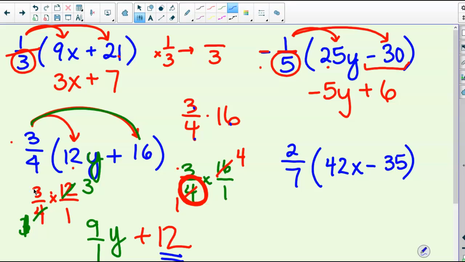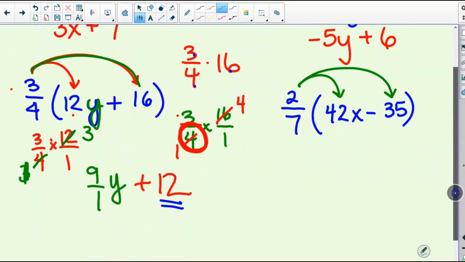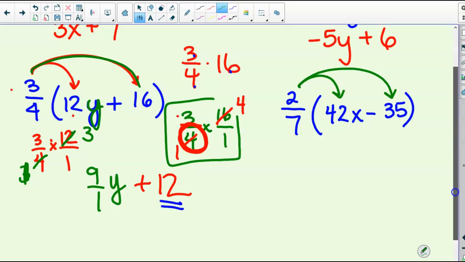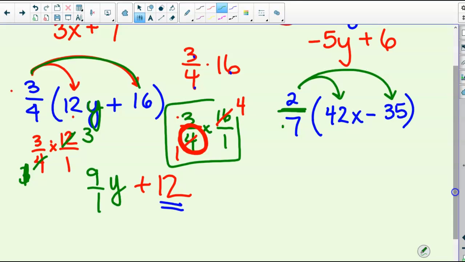Let's do one more. I know this seems complicated. We'll do this a couple times throughout the year, and it'll get easier. Now I'm doing 2/7 times 42x and 2/7 times negative 35. You can write the whole thing out and do the fraction problem, or the shortcut is to divide by the denominator and then multiply your answer by the numerator.